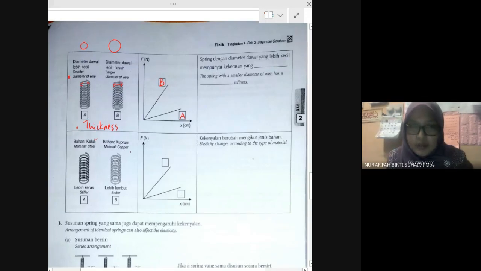So already stated here, stiffer and softer. So this one should be A lah. Steel has more stiffness than copper. Okay. Okay, steel, besi dan campur dengan besi kuat. Copper ni kita guna untuk buat electrical wire.